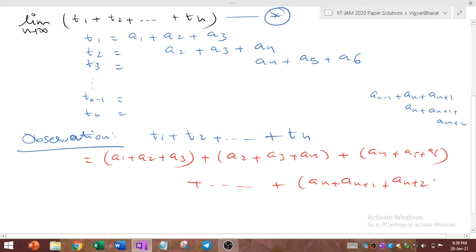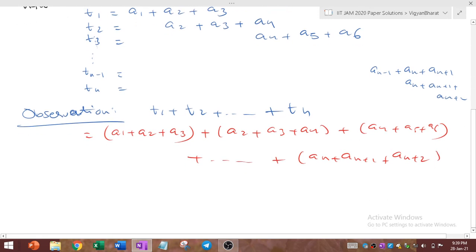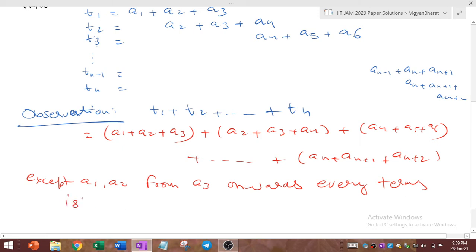So what was the observation I was asking you? You will observe that except A1 and A2, from A3 onwards every term is repeated thrice, repeated three times in this sum.